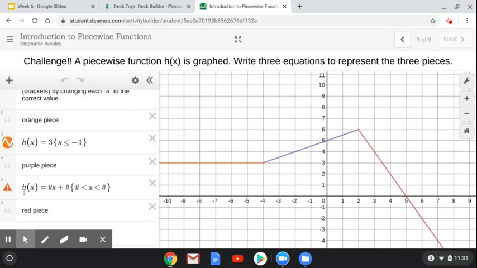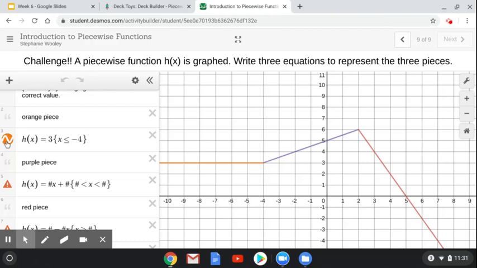The first piece in orange I did for you. I forgot I had done this already. I was exploring the activities myself.